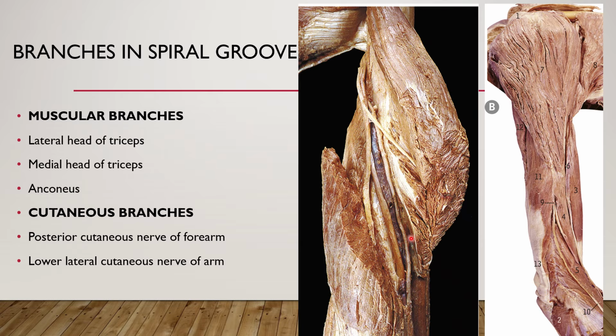But when it comes near the spiral groove, it is very low, in the lower part of the arm. So it gives lower lateral cutaneous nerve of arm and then posterior cutaneous nerve of forearm. It is going down to the forearm. So these branches are very important for the MCQ.